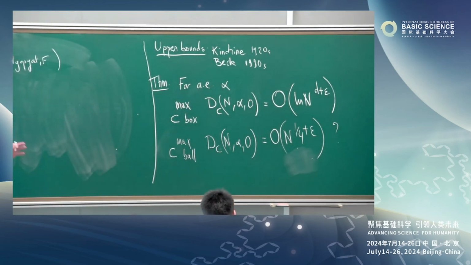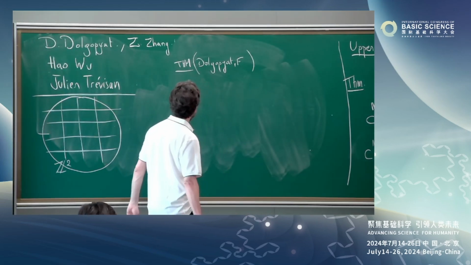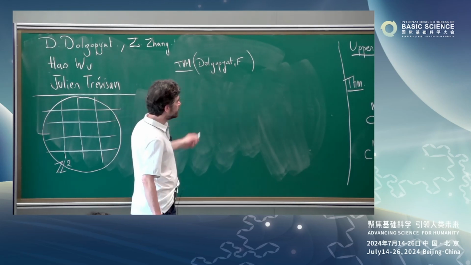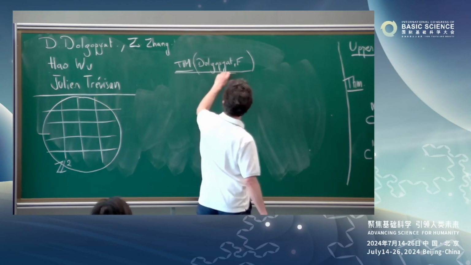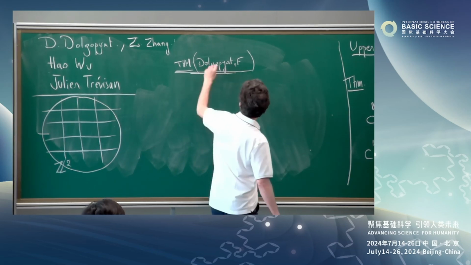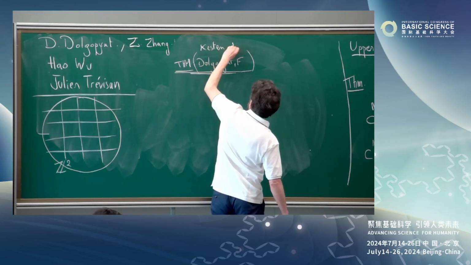This one works, but you have to be careful. Anyway, it should be d minus 1 over 2d. This here is a theorem that extends, sorry, this is custom for d equal to 1.